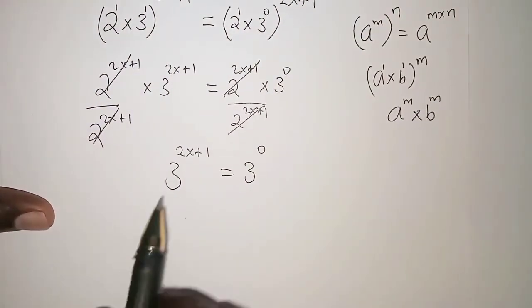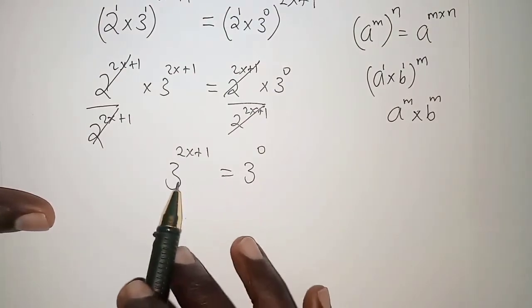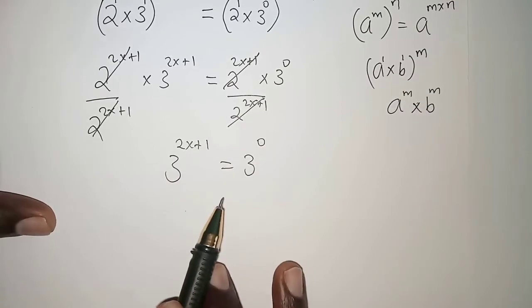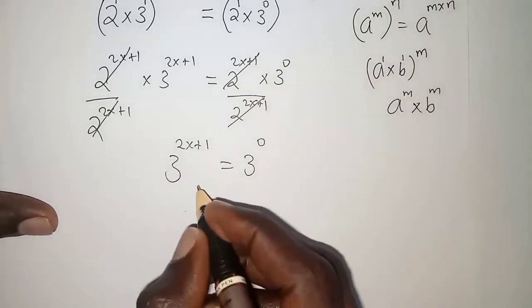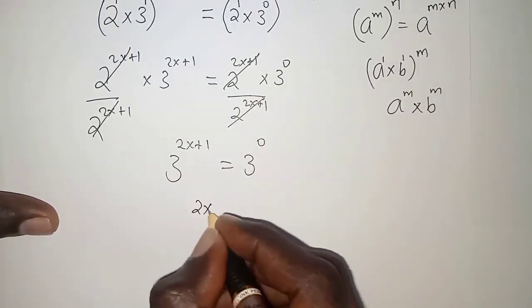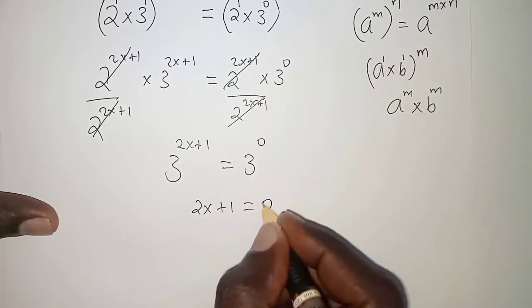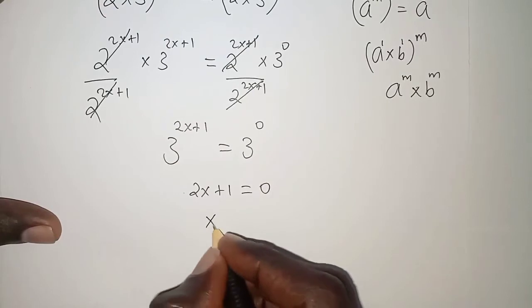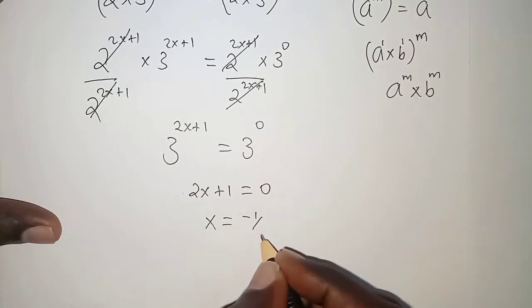So at this particular point, the bases are the same, and if the bases are the same, we can therefore equate the powers; you drop the bases. So we have 2x plus 1 is equal to 0. And then from here, we proceed to get the value of x. x is negative a half.